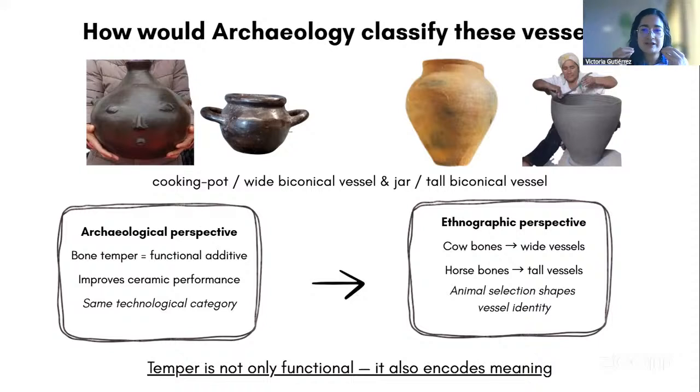So the selection of the animal whose bone will be used as bone temper is not technological at all, apart from the fact that you need bone temper. It's linked to the morphology and identity of the vessel itself. And we can clearly see how in this case, temper is not only functional, it is encoding meaning, which is very clear for these communities.